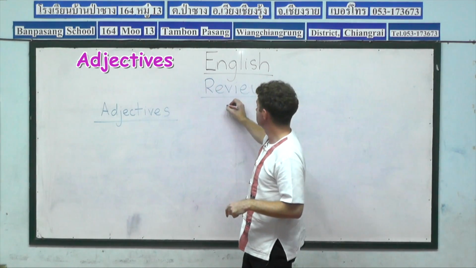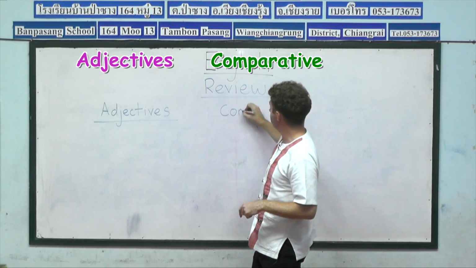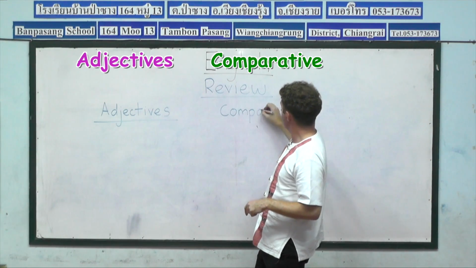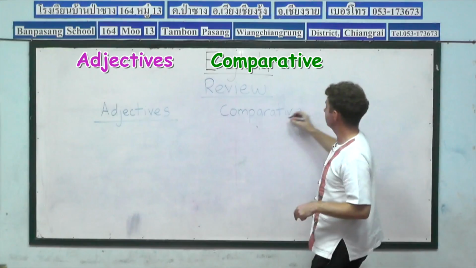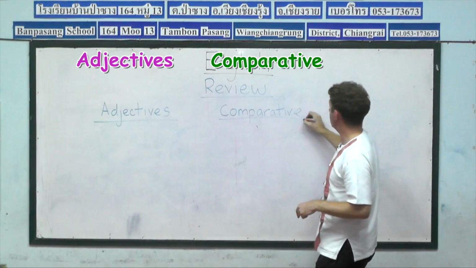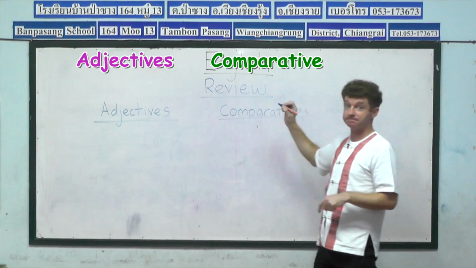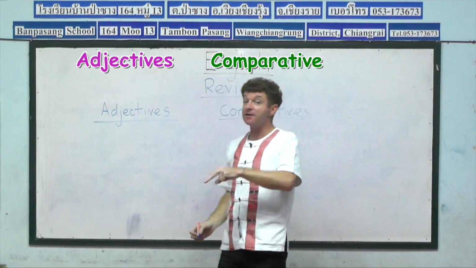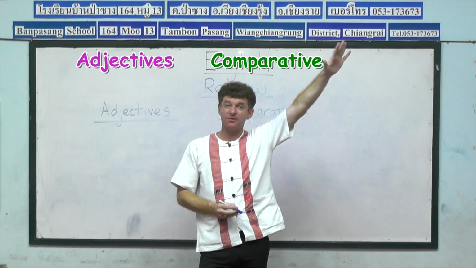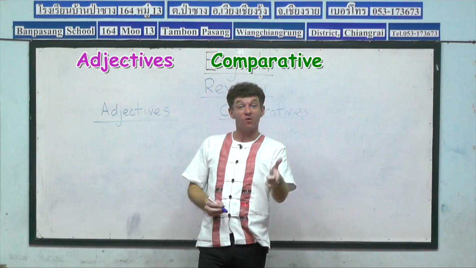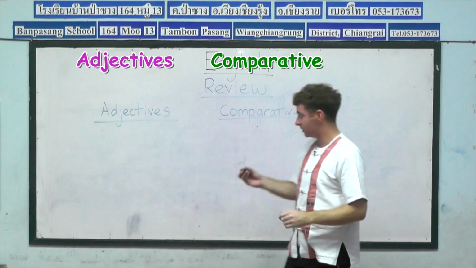Well done. C-O-M-P. Excellent. Comparative or comparatives. Yes. And then, if we want to go one step further and talk about the highest amount or the lowest, we talk about superlatives. Yes.